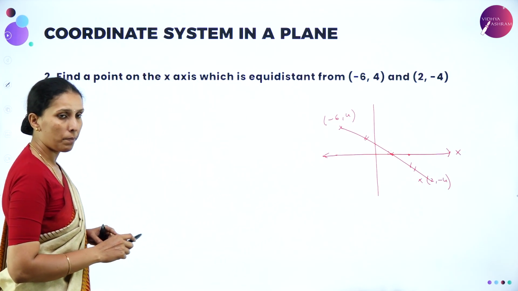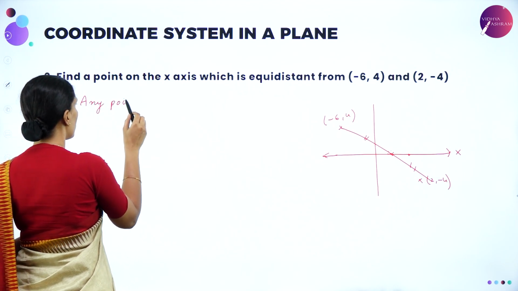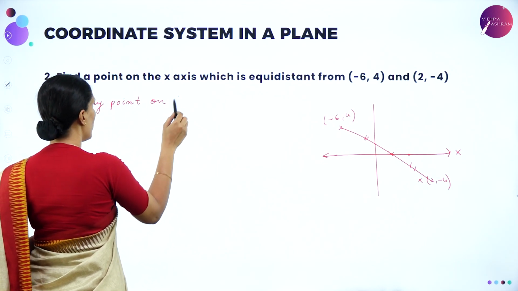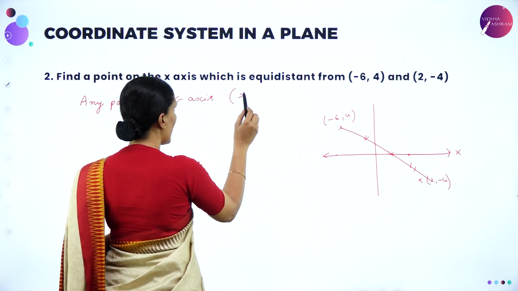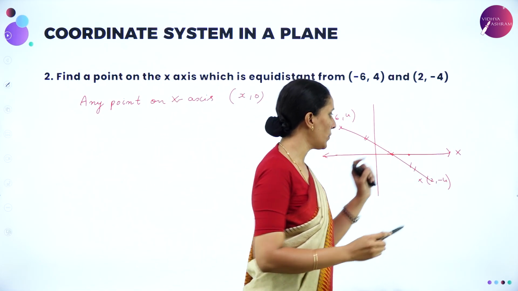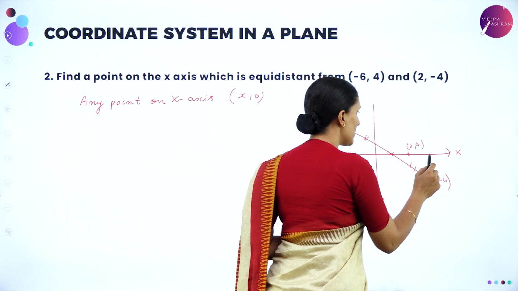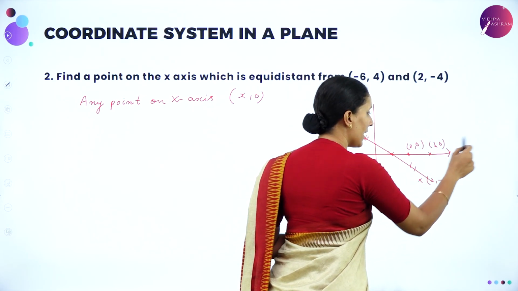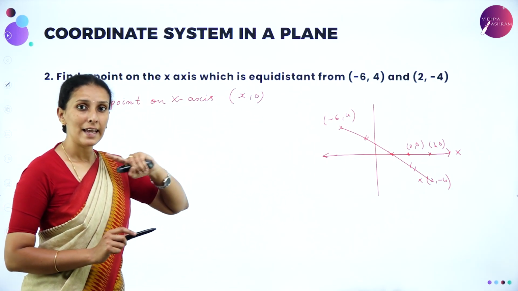We need to find the point. Any point on the x-axis can be represented as x, 0 because for a point on the x-axis the y value is 0. Suppose it is of the form 2, 0, 3, 0, etc. So the y value is always 0 on the x-axis.